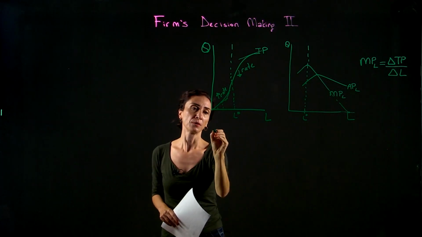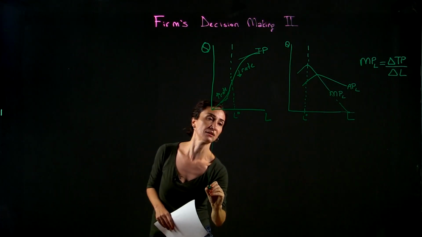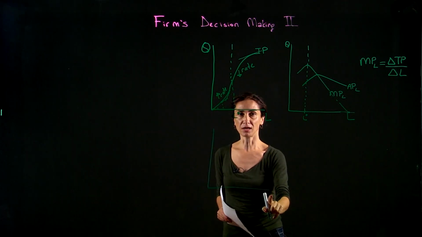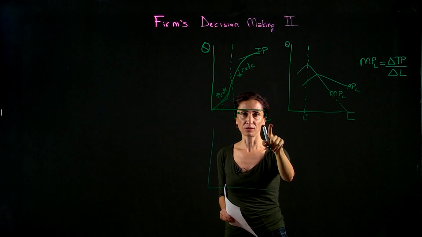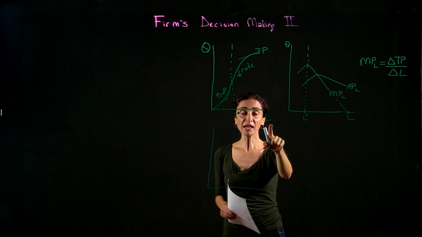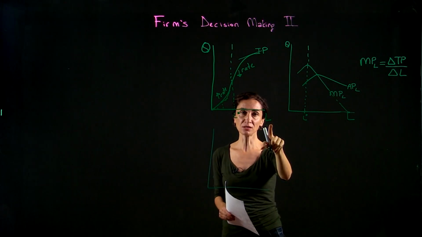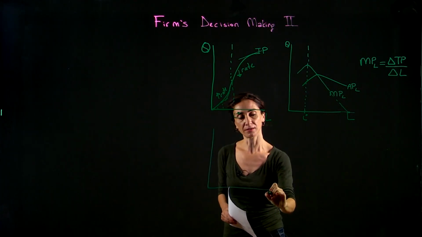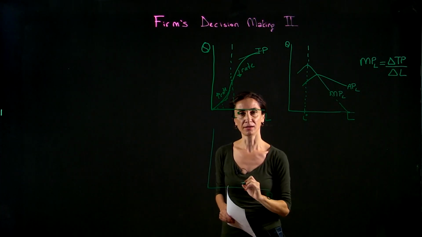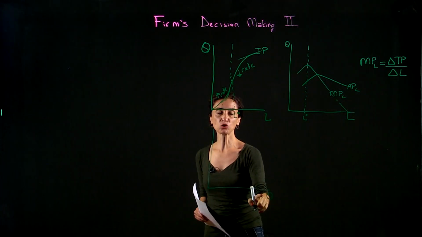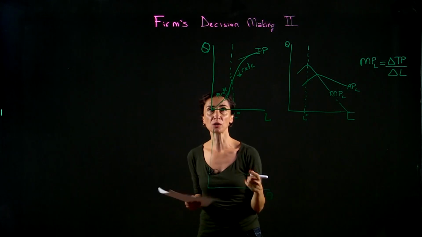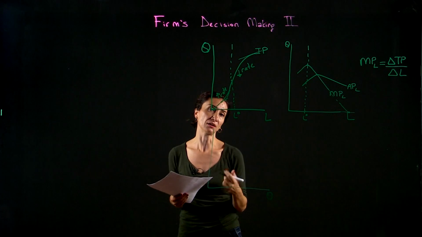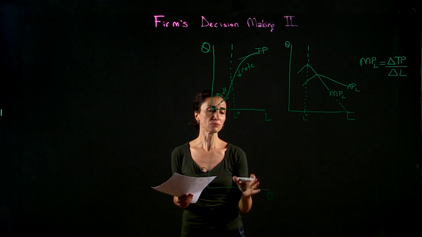So I will draw it here. Very, very important. On the horizontal axis, we will not have labor. The way we define cost functions, we define them with respect to the quantity. Okay? So for each quantity this firm produces, I'm asking myself, what is the cost of producing this thing, right?